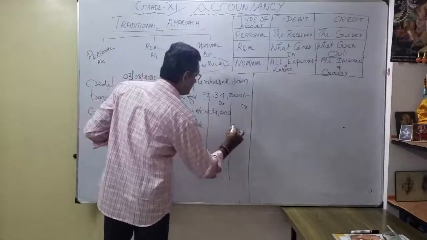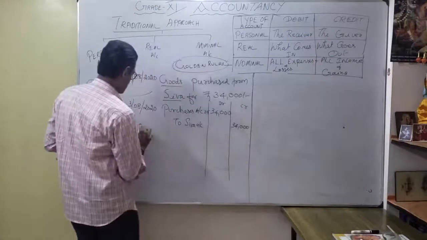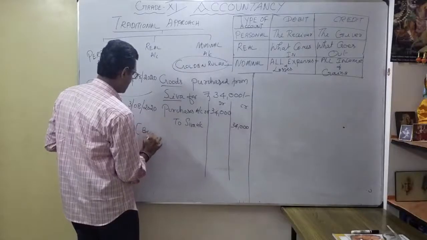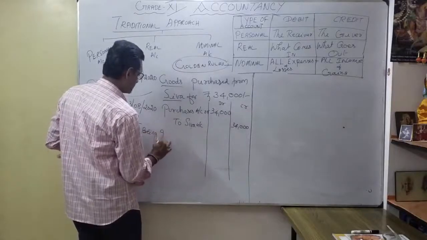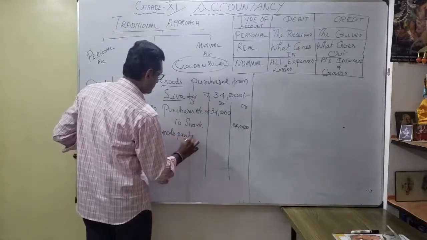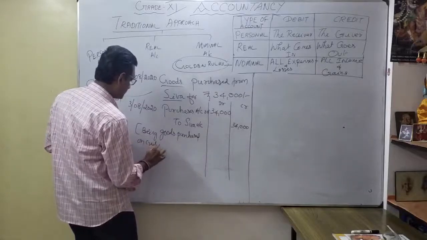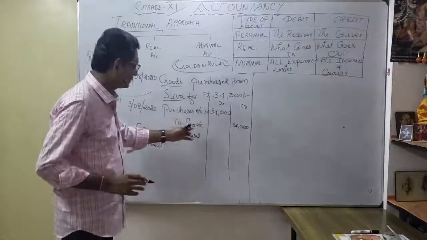Then 34,000. So the narration, as you know: being goods purchased on credit. Where you purchased and from whom is already there.